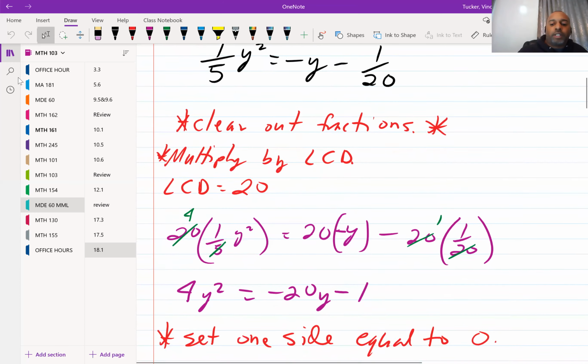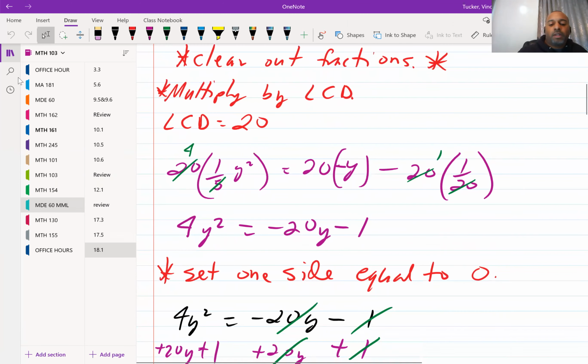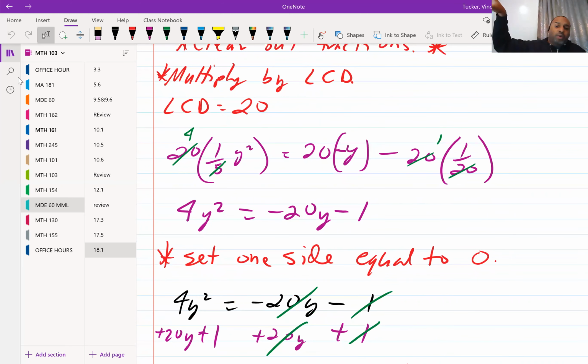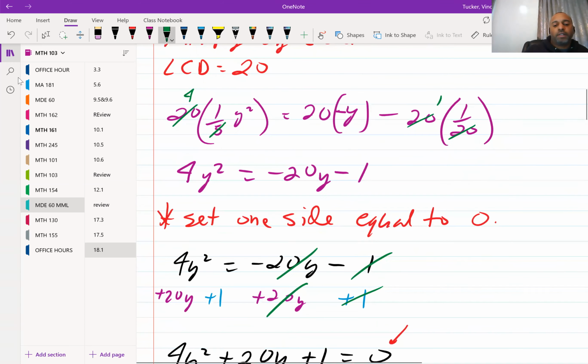All right, so now we want to set one side equal to 0. You could have taken 4y squared to the other side, but I like to have my leading coefficient positive. It doesn't matter. So I just brought 20y and 1 to the left side. So we added 20y to both sides, added 1 to both sides.